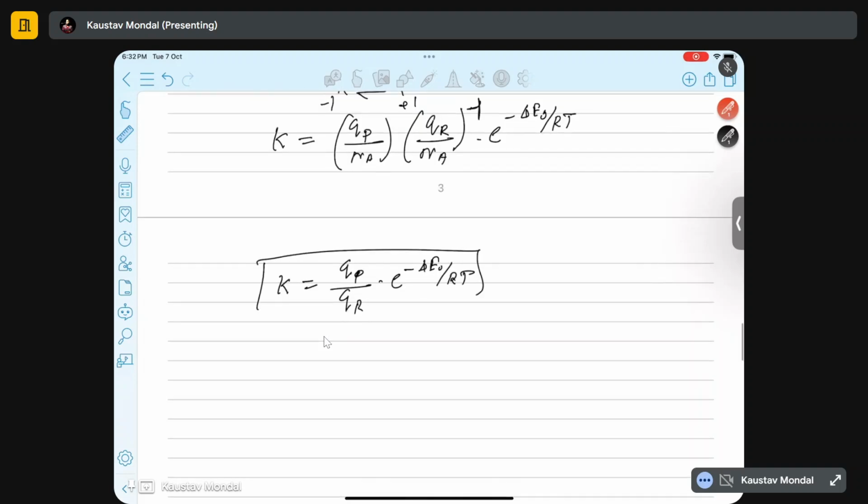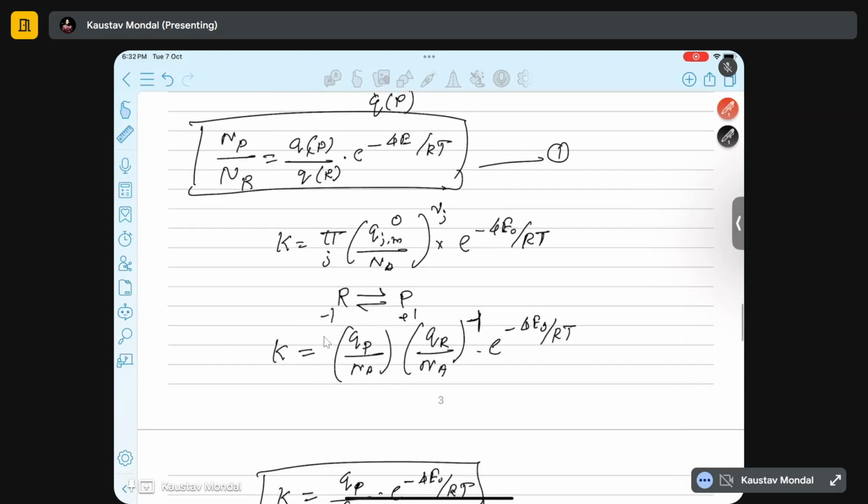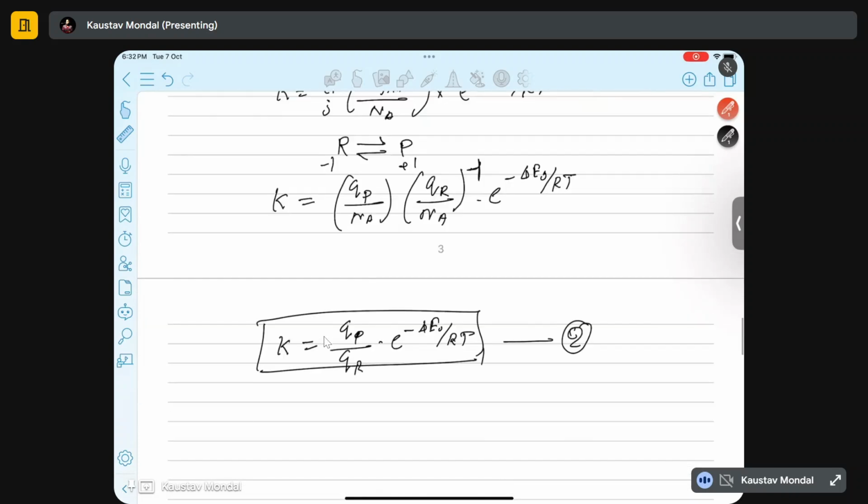So as you can see, these two, 1 and 2, there is a clear relation between 1 and 2, right?